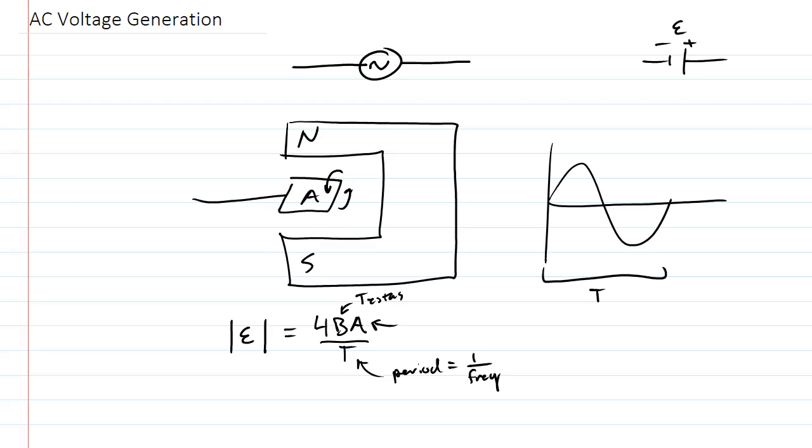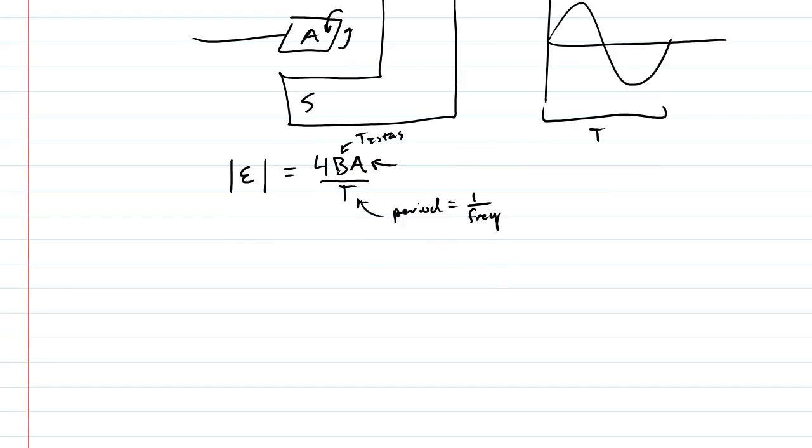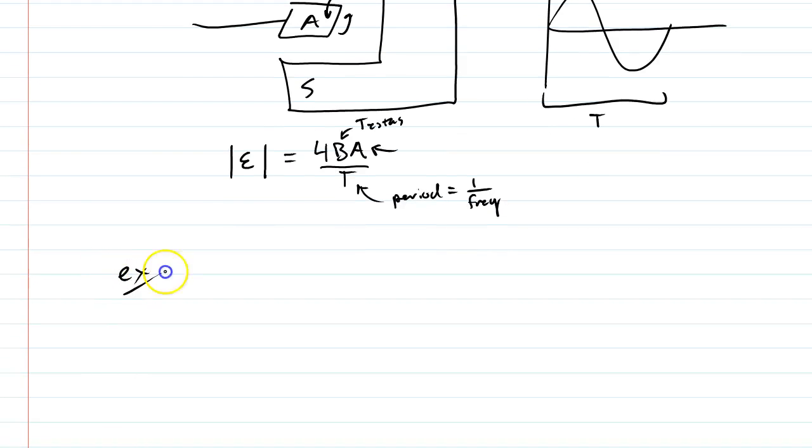So one example I'm stealing from the book is, let's say that we create a generator with a frequency of 60 hertz. And like we've talked about in class, that is the natural frequency that we get in our houses. That's the frequency we get for our alternating current in our normal everyday life. We're going to say that the magnetic field is 1 Tesla, and we're going to have a massive coil.